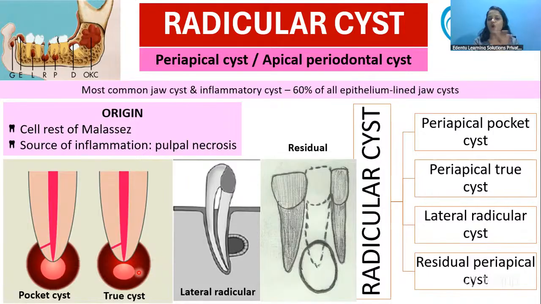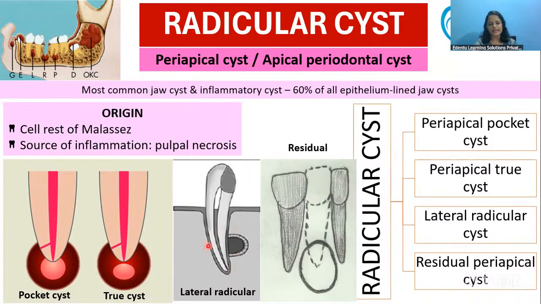If it is not connected with the root canal and is seen as a complete circle or a complete sphere, then it is called a true cyst. So the pocket cyst always has its connection with the root canal, and the true cyst is usually separated from the root canal.